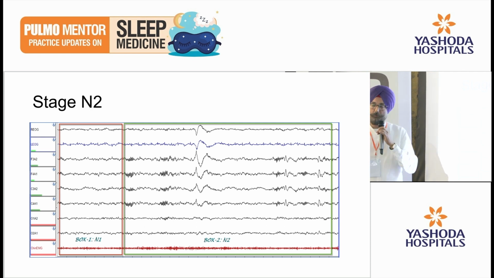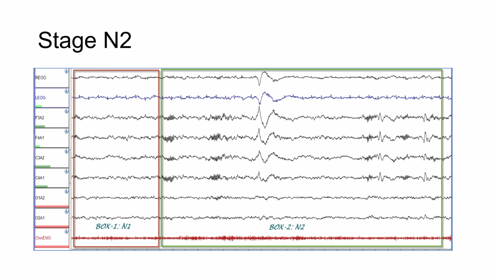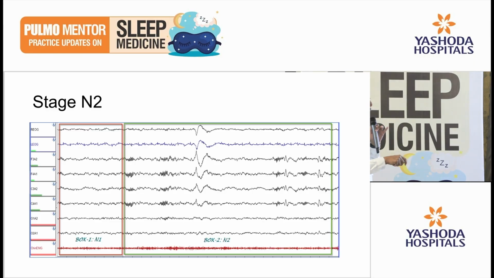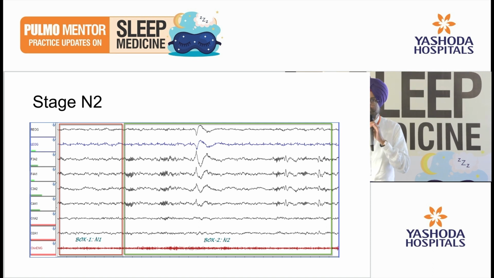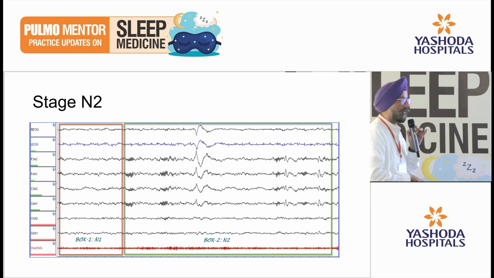The appearance of a spindle or K complex marks the beginning of stage N2. So I will have this portion as N2 and this portion as N1, which is coming from the previous epoch. In this kind of epoch, where you see spindles or K complexes in the first half, meaning in the first 15 seconds, we score it as N2.